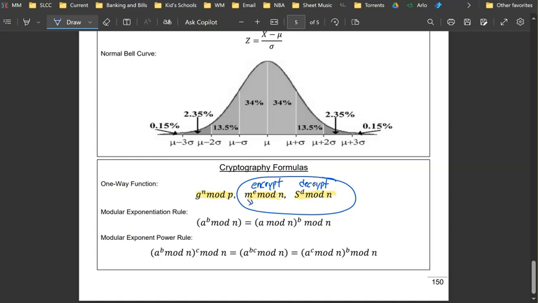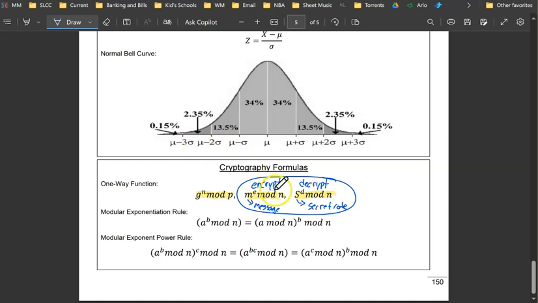The M is your original message, and the S is the secret code. That can help you remember which one to use.